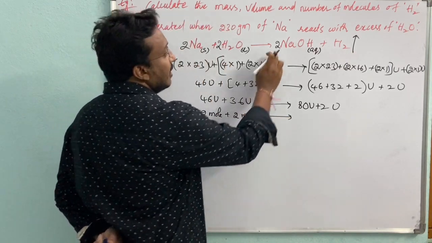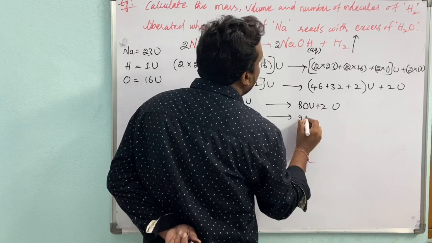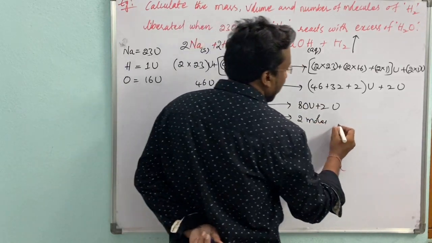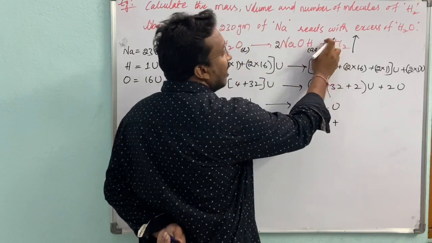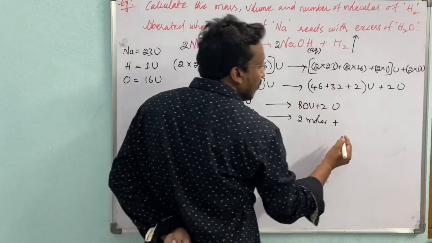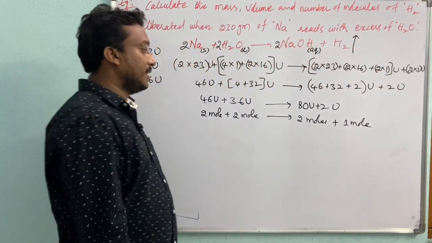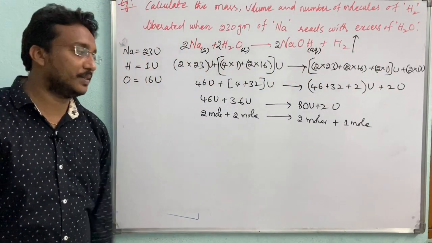This gives 2 moles of sodium hydroxide, and 1 mole of hydrogen. That is in moles.